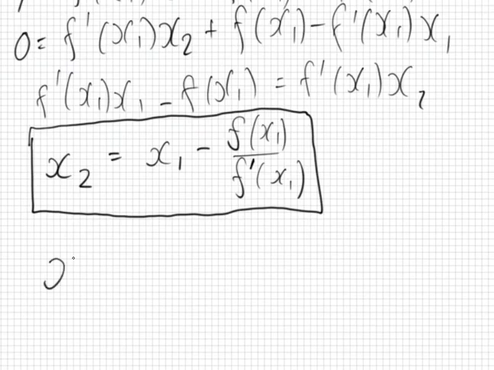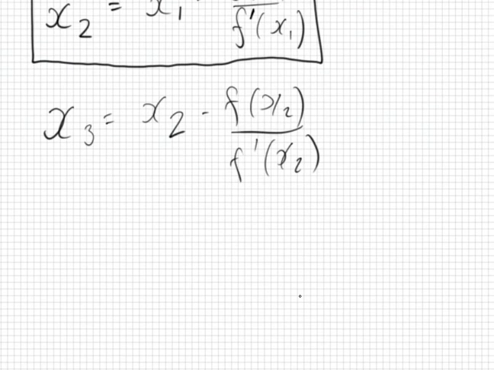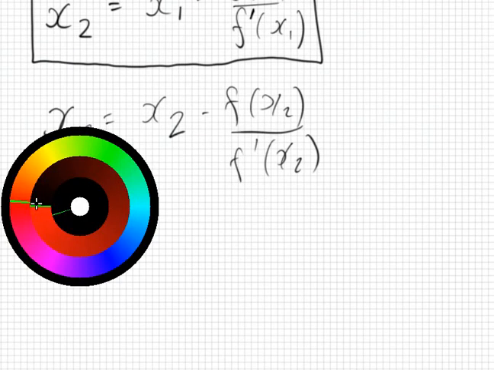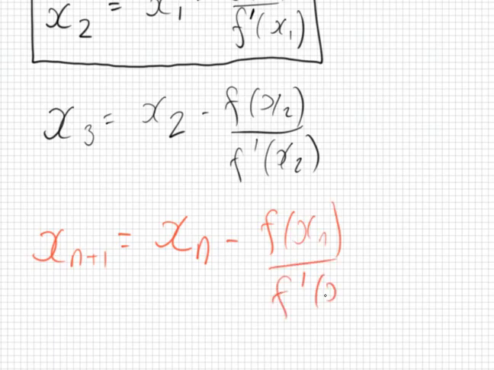So likewise you can say x3 equals x2 minus f(x2) over f'(x2), and so on and so on. So in general you can write the formula like this: the next estimation of the root is equal to the current estimation minus f(xn) over f'(xn), and this is called Newton-Raphson's formula or method.